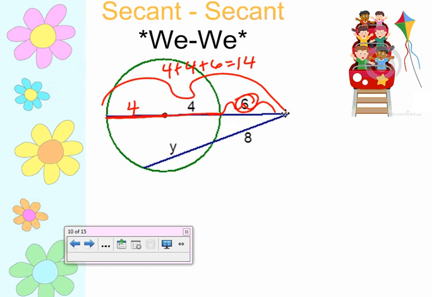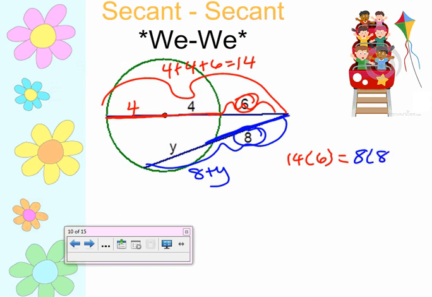For the other line, our whole piece will be 8 plus y, where our exterior piece is just 8. So I'm going to set up my equation. I'm going to have 14 times 6 equals 8 times 8 plus y.